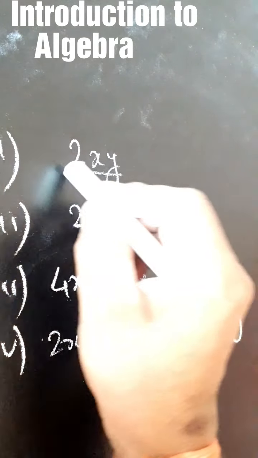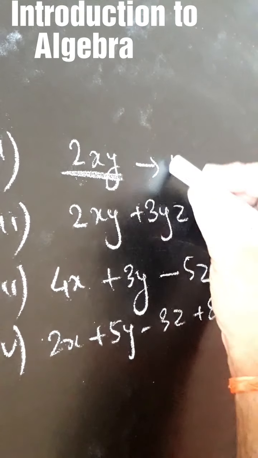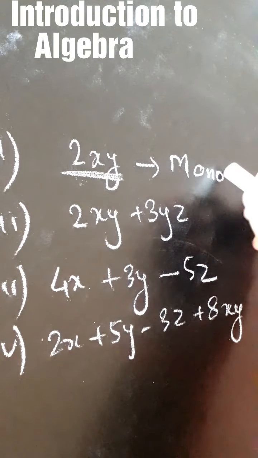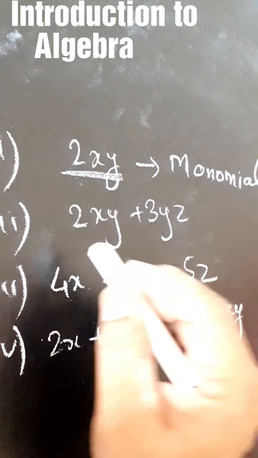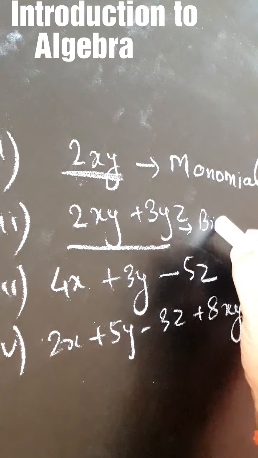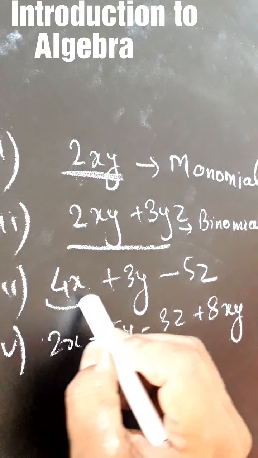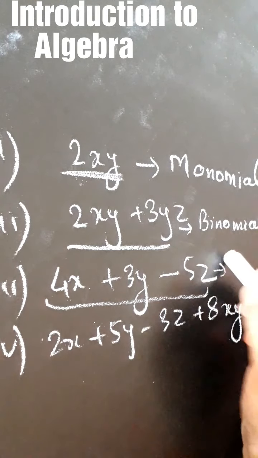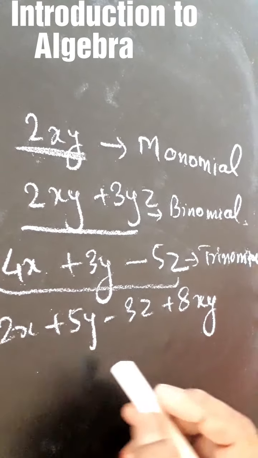If an expression contains only one term, then it is called monomial. If it consists of two terms, then it is called binomial. If it contains three terms, then it will be called trinomial.